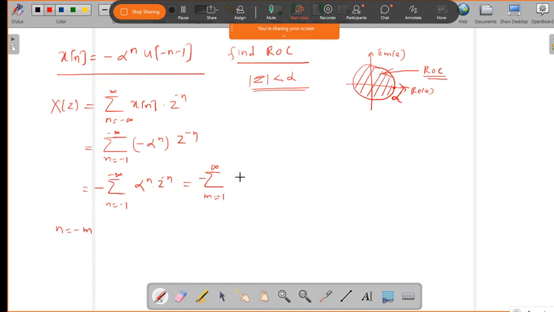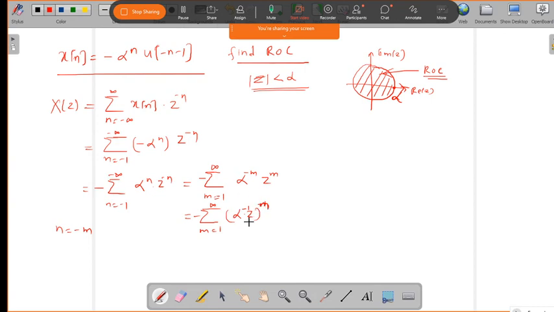So if you replace n equal to minus m, this will become alpha power minus m into z power, since it is minus n, it will become plus m. Now we can write this as summation m equal to 1 to infinity of minus, alpha into z whole power minus alpha power minus 1 whole power m.